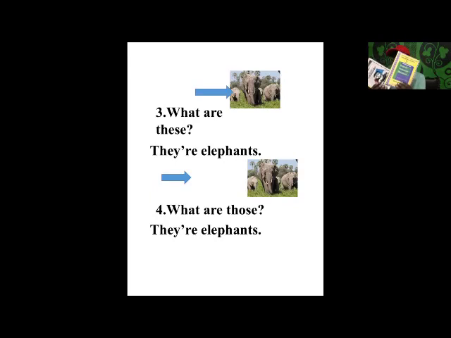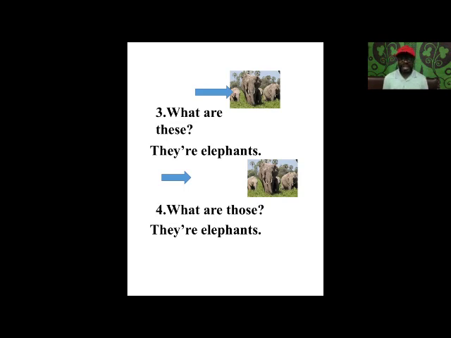What's this? It's a book. What are these? They are books. What are these? They are books. What's this? It's a book. This is a book.